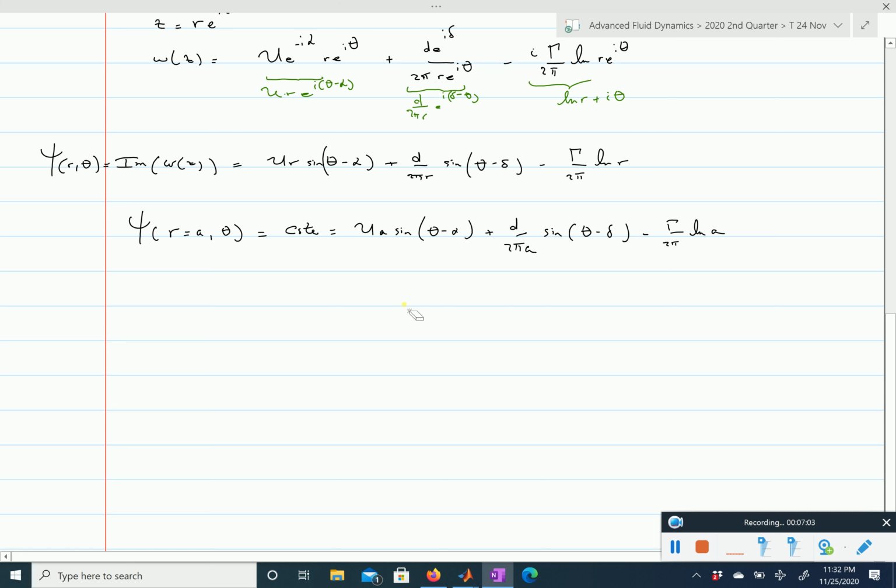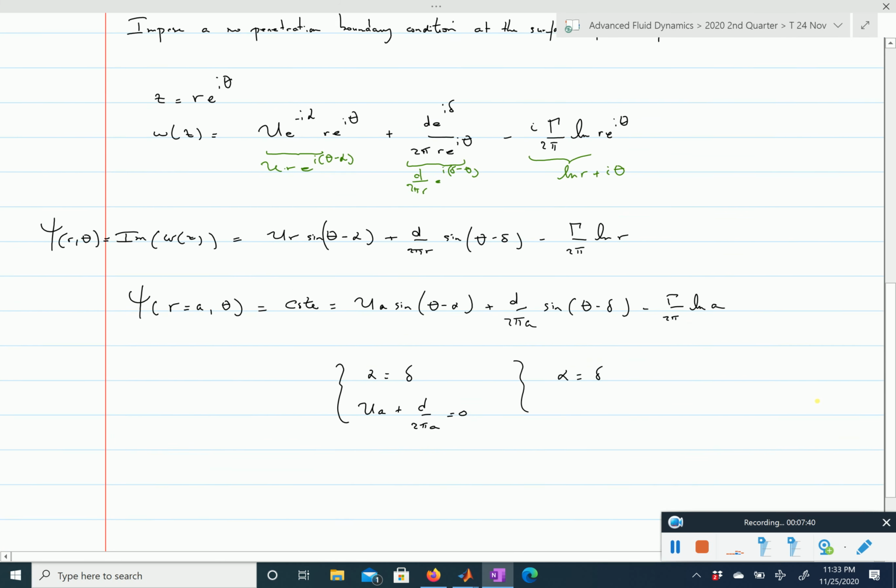So we need alpha to be equal to delta, such that this function of theta and that function of theta are the same. Otherwise, you will never be able to cancel those two terms for any given theta. And we need that U a plus D divided by 2 pi a be equal to 0.